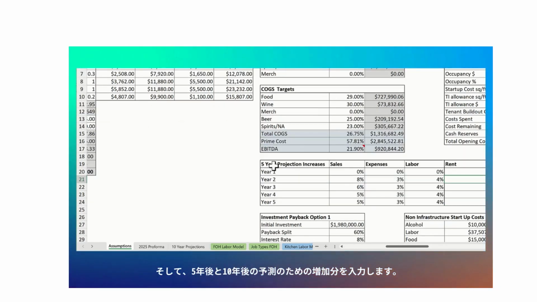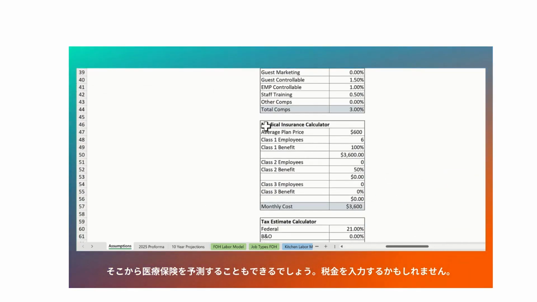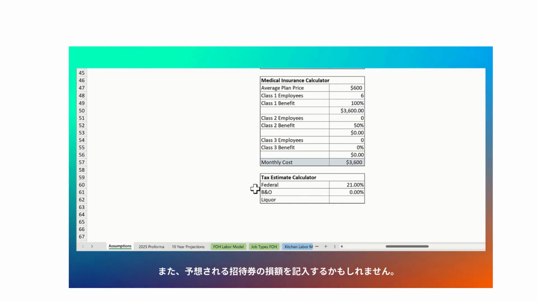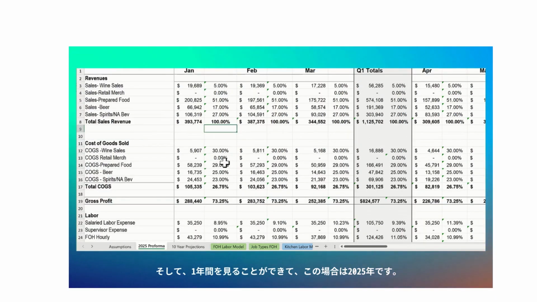And then we plug in our increases for our 5-year projection and 10-year projection. So we'll increase our sales, our expenses, our labor, and our rent. And then from there, we may want to predict our medical insurance. We may plug in our taxes. We may also plug in our predicted comps. And we can take a look at our 1 year, which in this case is a 2025 Proforma.